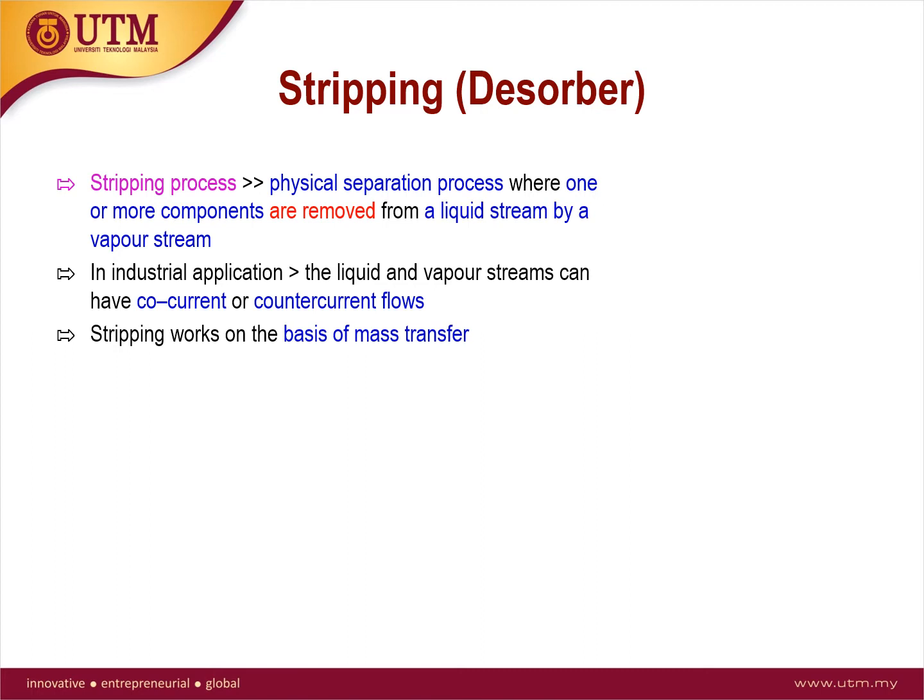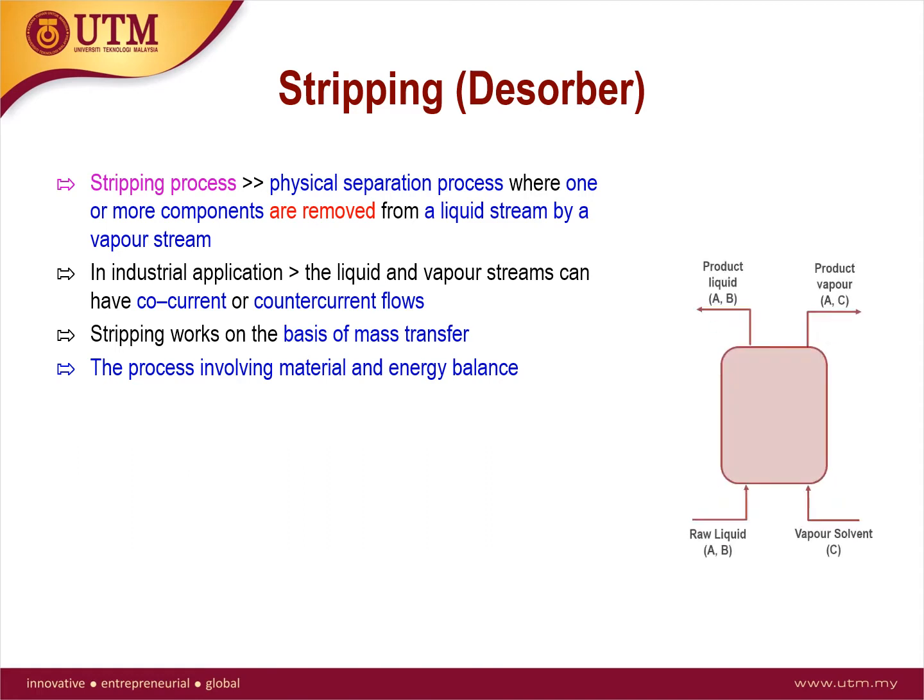This stripping works on the basis of mass transfer because the solute is being diffused from the liquid phase to the vapor phase. This process involves material and energy balance because in order for solute A to be slowly diffused to solvent C, which is in vapor phase, the driving force, which is heat, must be applied.